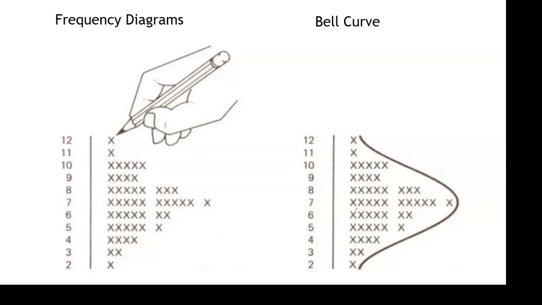So imagine a frequency diagram where we list a whole range of possible values and then we chart how often each occurs. If those follow a normal distribution, we would expect to end up with a bell curve where the greatest frequency of results happen somewhere around the mean.